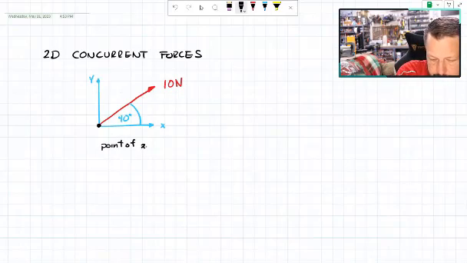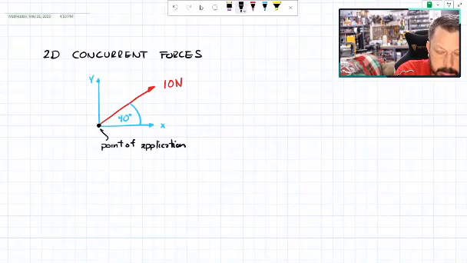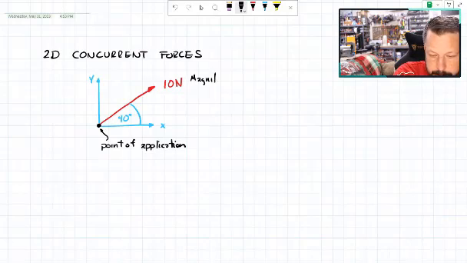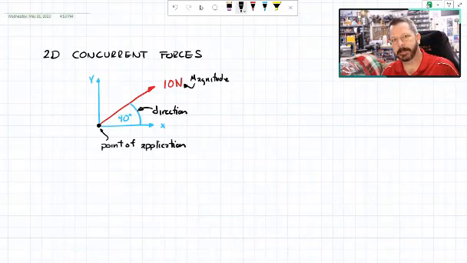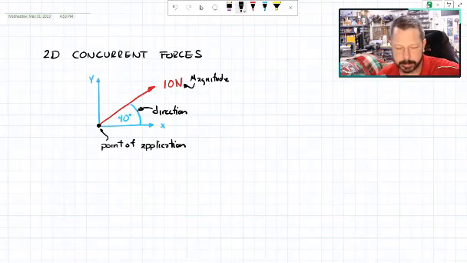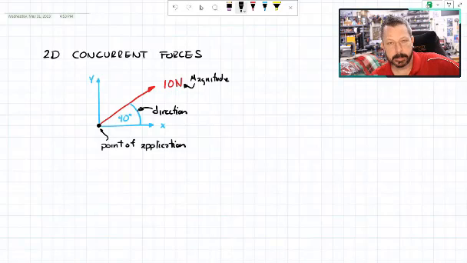That's useful because these vectors are going to be applied to some kind of object. The direction won't always be an angle in degrees. It could be given other ways, but for now it'll be this 40-degree thing. So those are our three things that we need to create a vector that we can use in our statics calculations and in our strength of materials calculations later.